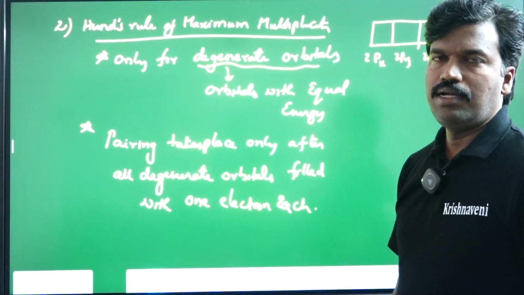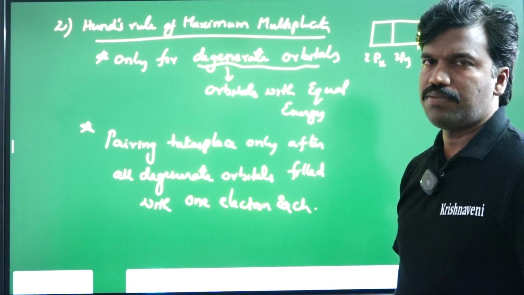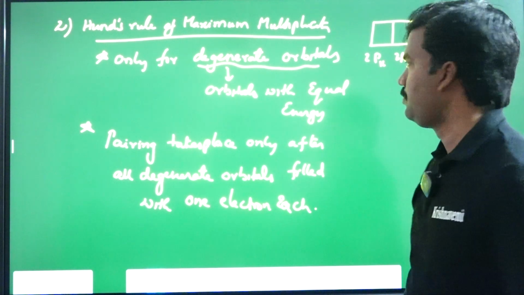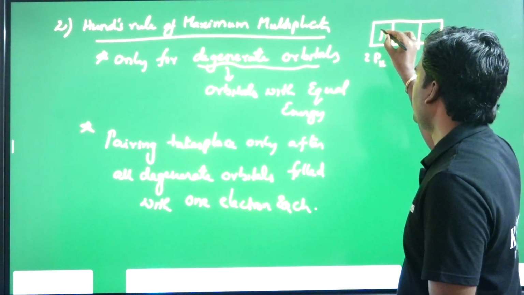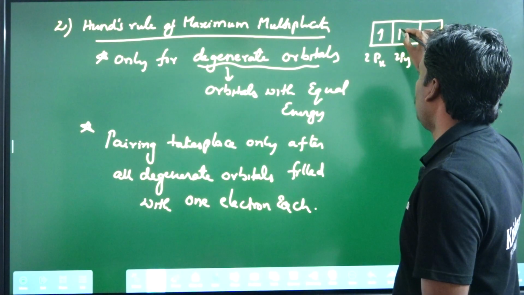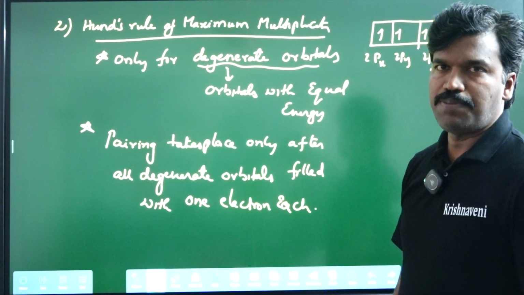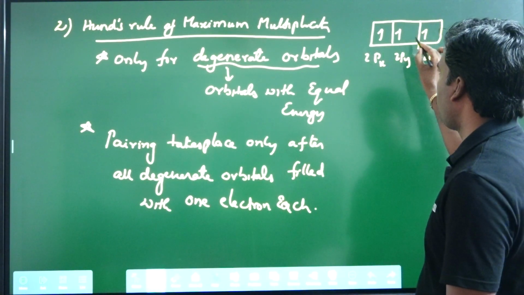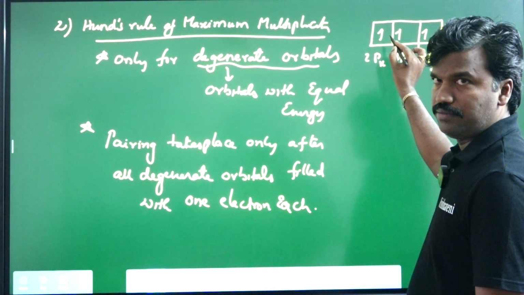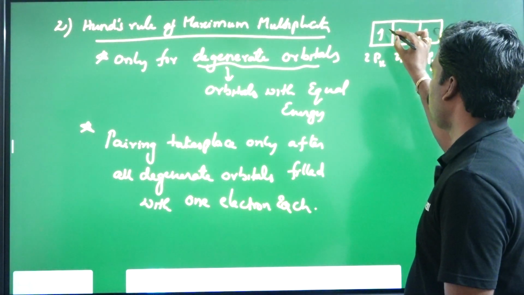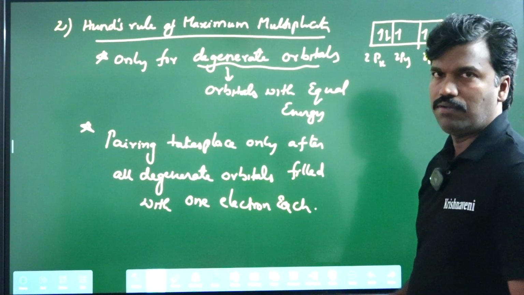All the three have the same energy, that's why they are degenerate orbitals. While filling these degenerate orbitals, pairing takes place only after all orbitals are filled with one electron each. So in 2p, you have to pair the fourth electron with the first one.